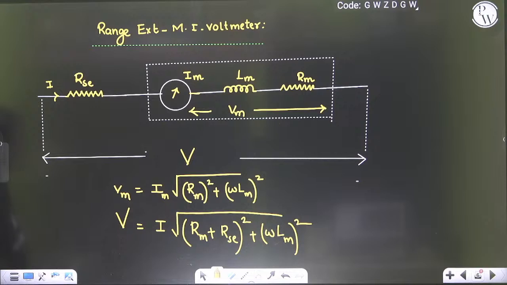We can take the ratio and establish a formula here.